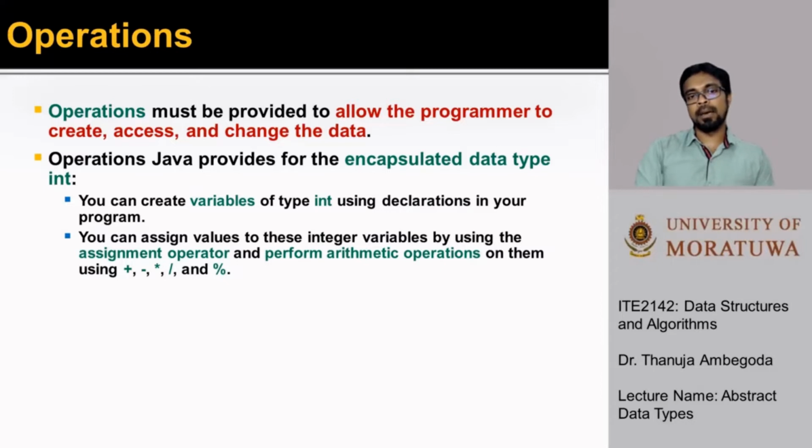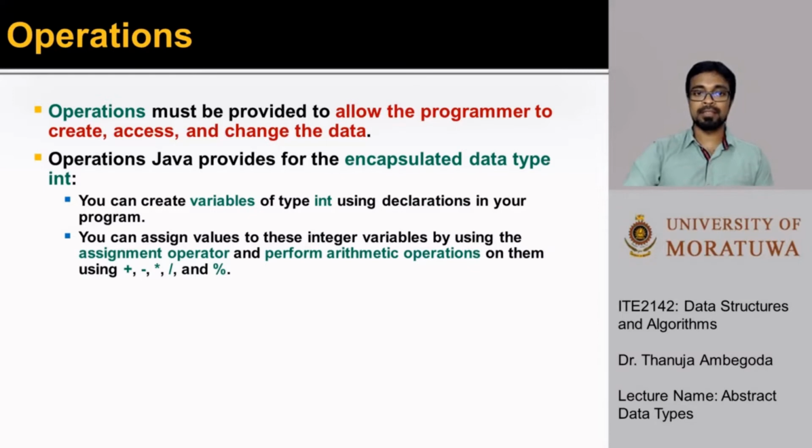So operations are provided to the programmers. When it comes to int or any other data type, the operations are provided to the programmer so that the programmer can create, access, and change the data in their computer programs. So for this encapsulated data type int, there are a certain set of Java operations provided.